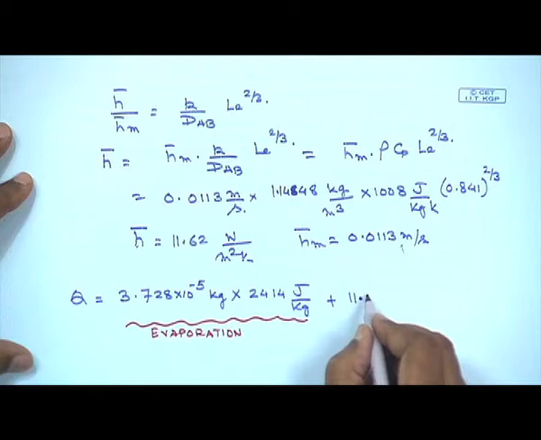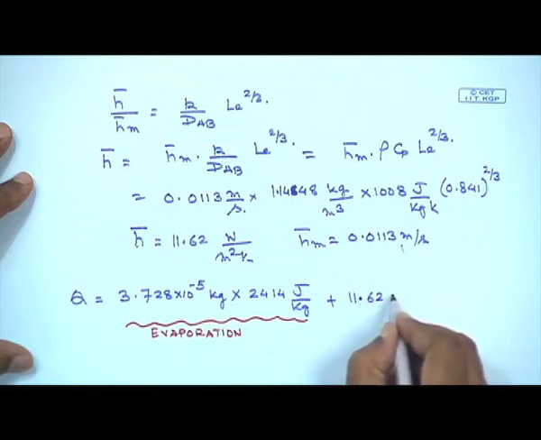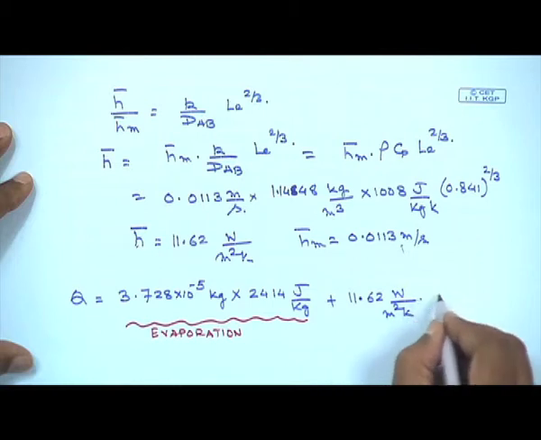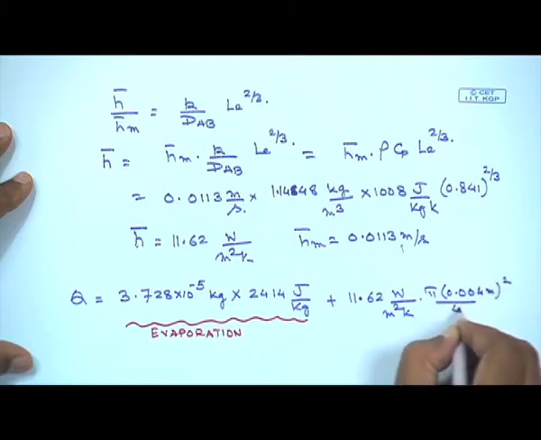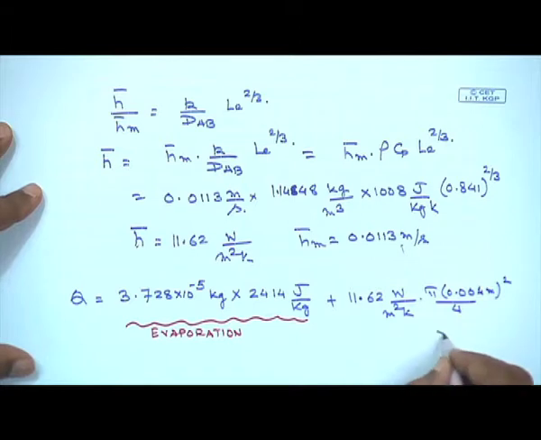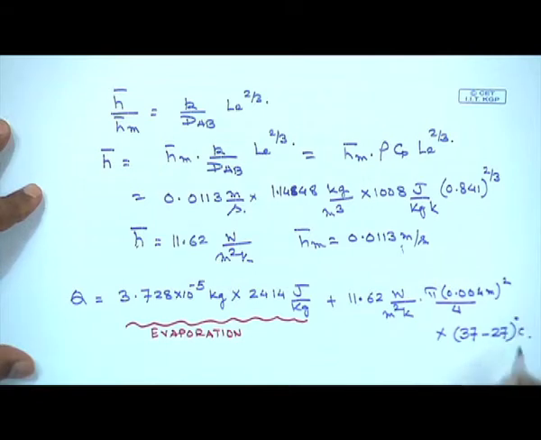So it is h̄ = 11.62 watt per meter square Kelvin, times the area, which is pi times (0.004 meter) whole square by 4, multiplied by the temperature difference, which is 37 minus 27 degree centigrade.